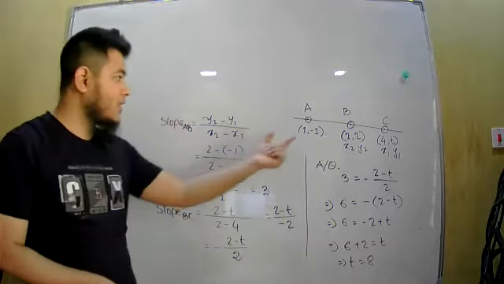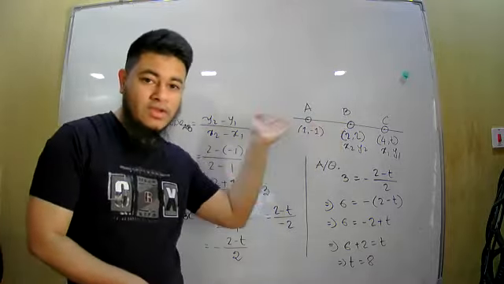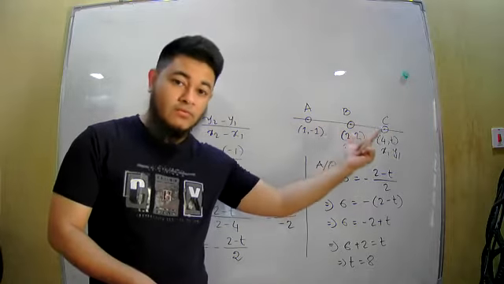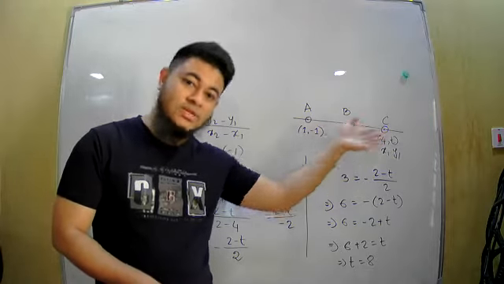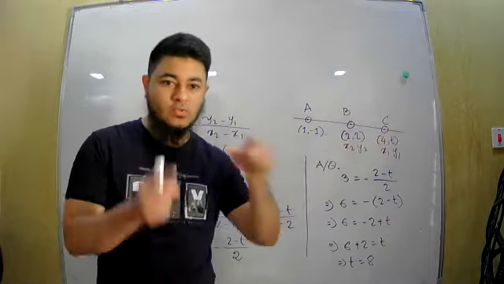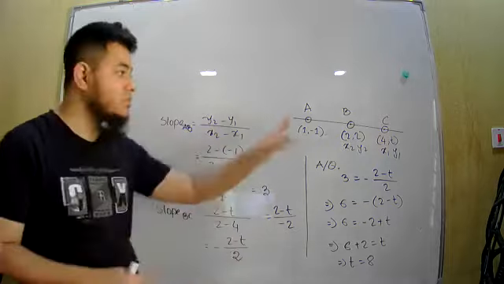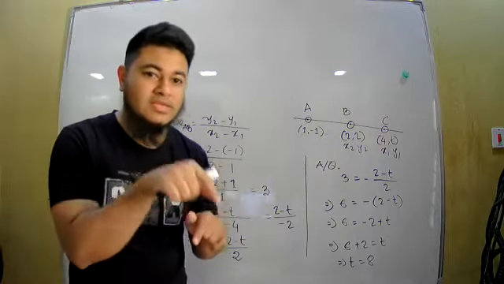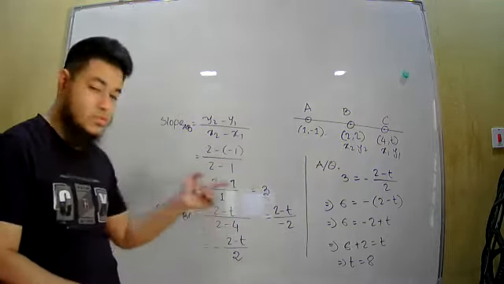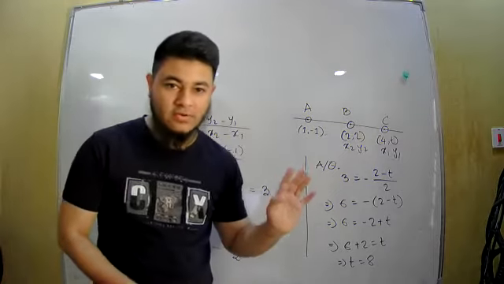If you find the slope using AB, you are finding the slope of this line. If you find the slope using BC, you are still finding the slope of this straight line. So one straight line has one fixed slope, and it doesn't matter which two points you take, you should get the same value. That is why you can equate them, and from there you can find the value of t.